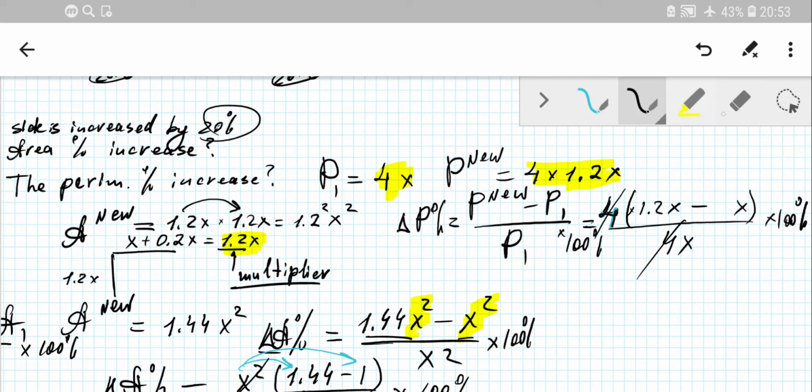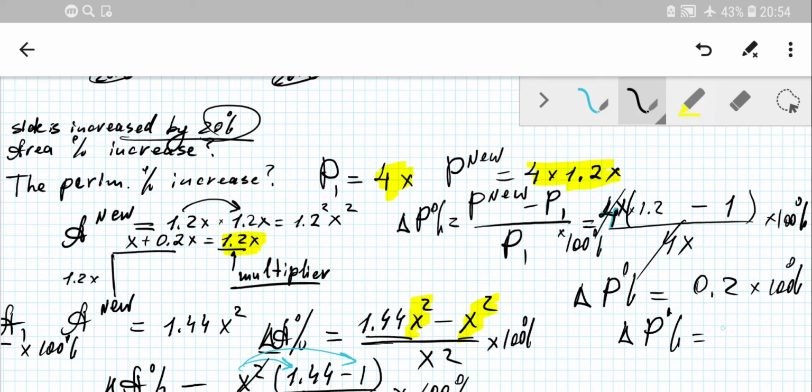You can also factorize x. You just grab x and put it here, and you simply have the percentage change in the perimeter as the same as the percentage change for one side. So you've got simply 1.2 minus 1 is 0.2, and times 100 you'll get 20%.